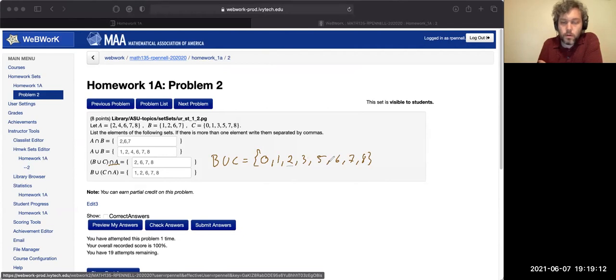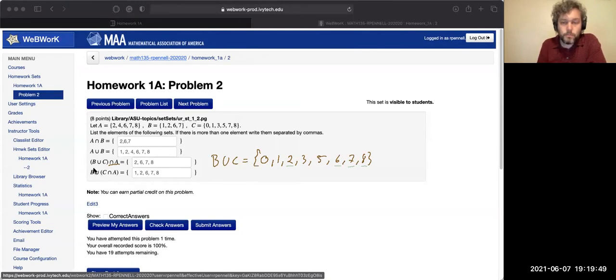Is there a 4? No. 6? Yes. 7? Yes. 8? Yes. So this would be 2, 6, 7, 8. Okay, so it's what do they have in common with the union. So first, I had to find what that union was. I solved the parentheses first, and then I found what they had in common with A. Okay, so hopefully my process makes a little sense.